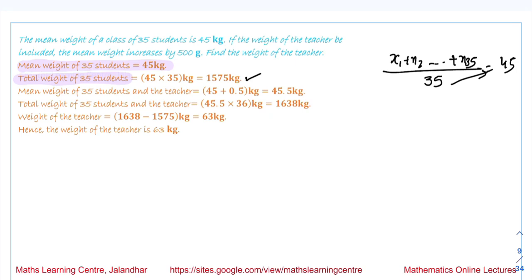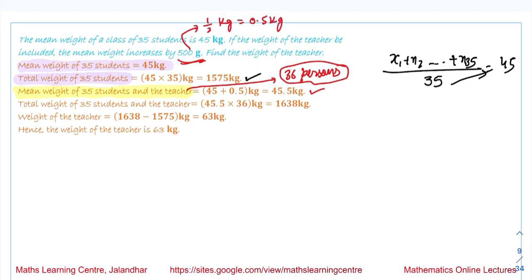Next, if the weight of the teacher is included, the mean weight increases by 500 grams. Now we are saying the mean weight of 35 students and the teacher. How many persons are there now? The new mean is calculated for 36 persons, and the mean weight is 500 grams more, so it is 45.5 kg. 500 grams means 1 by 2 kg, that is 0.5 kg.